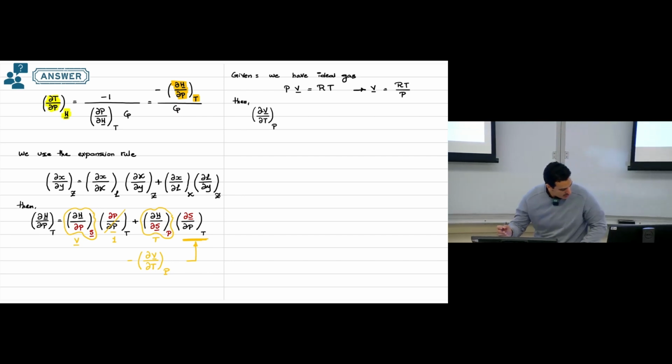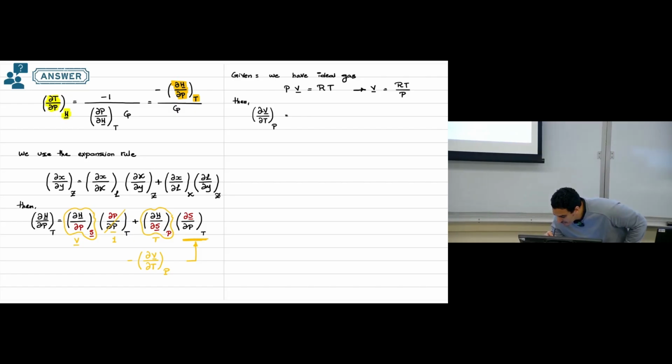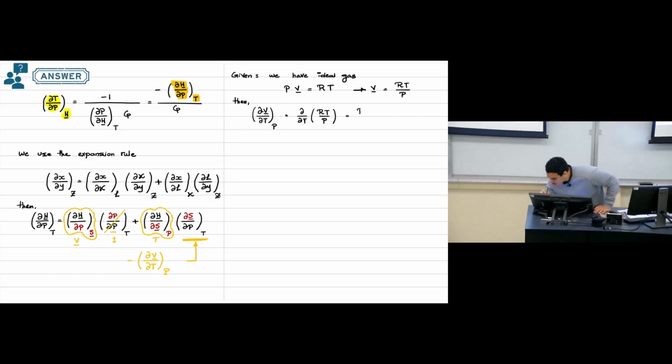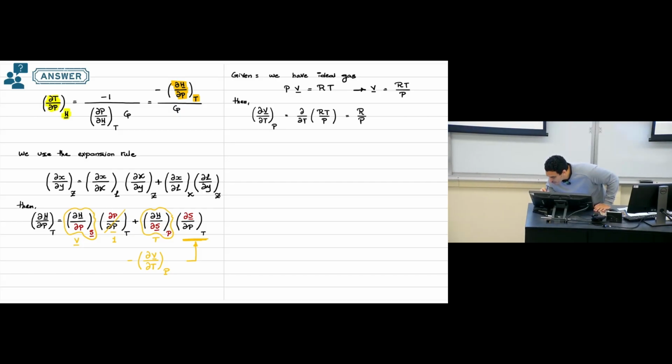From this equation, this will be d by dT of RT over P. Pressure is constant, R is constant, so this will be R over P times dT by dT, which is equivalent to 1, so this will be R over P.